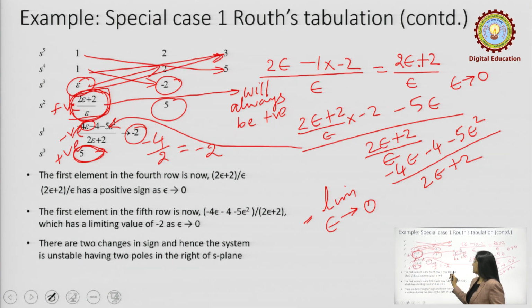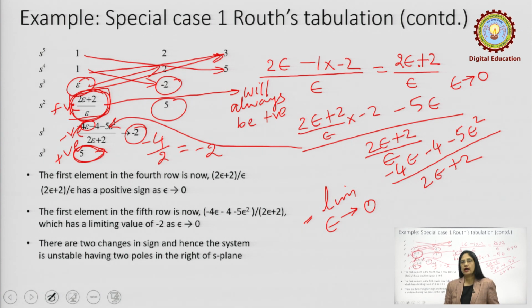The first element in the fourth row will always have a positive value when epsilon tends to 0. The first element in the fifth row is becoming minus 2, and then there are two sign changes and hence the system is unstable.